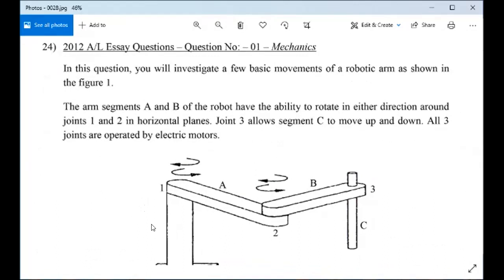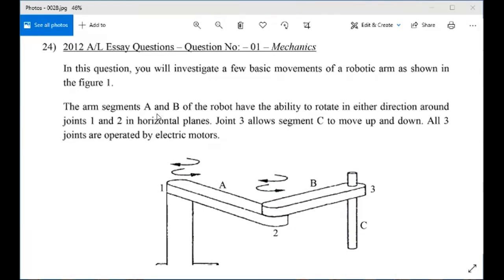Let's read. In this question, you will investigate a few basic movements of a robotic arm as shown in figure 1.